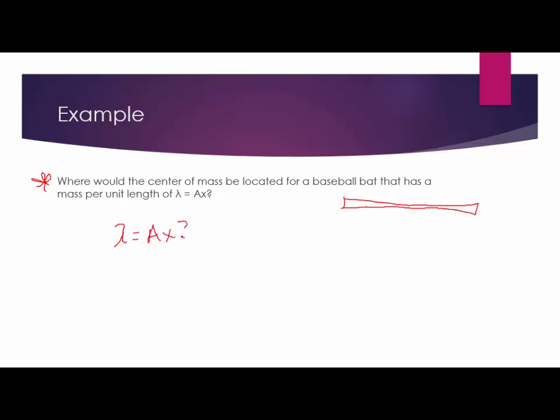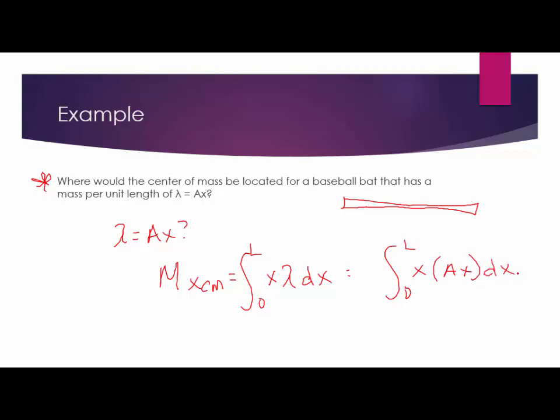So now, instead of looking at the center of mass as a constant, we're going to look at it as a function. Let's go back. Integrating from 0 to L, this is our original expression from the last slide, but instead of lambda, we have this function of x. Integrate from 0 to L for x, ax dx.